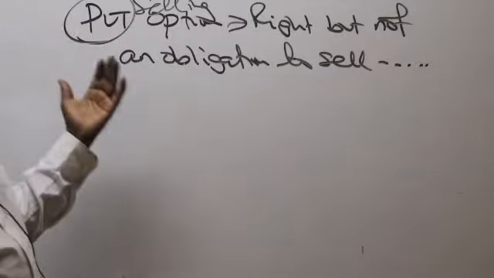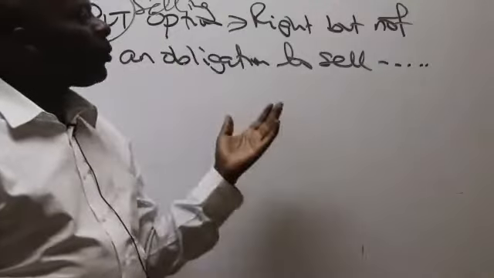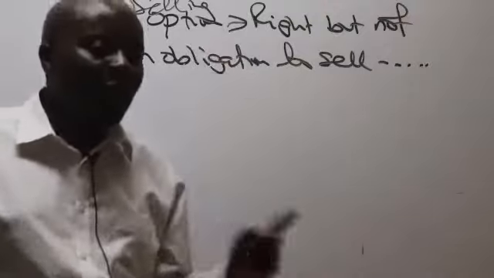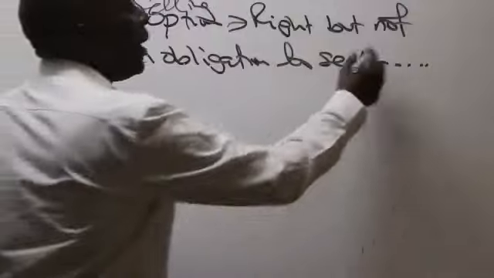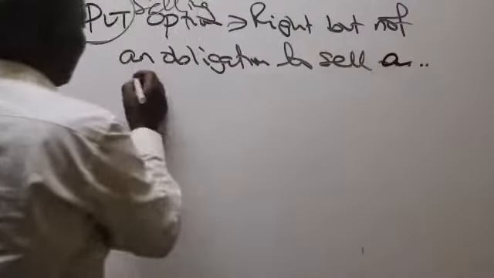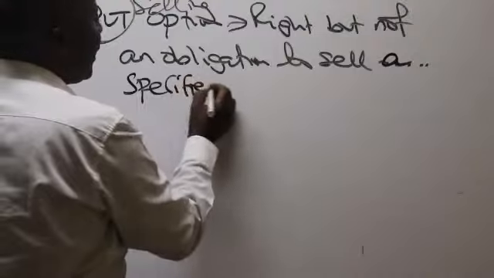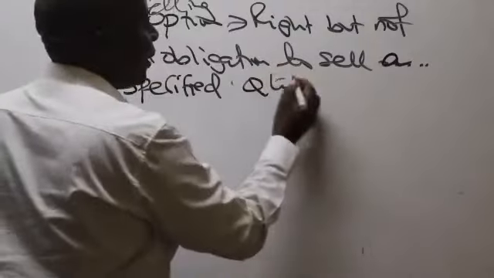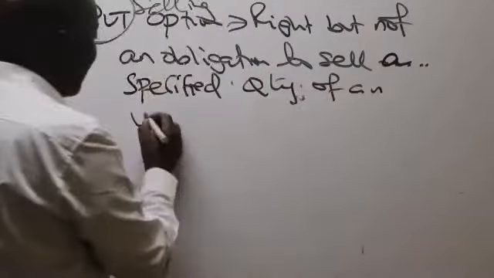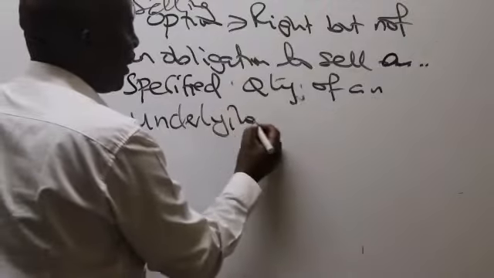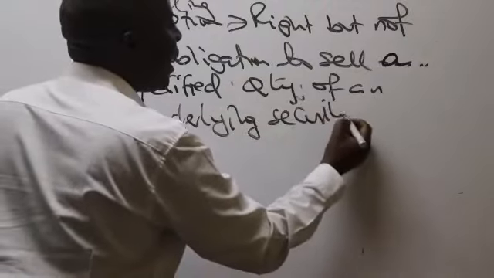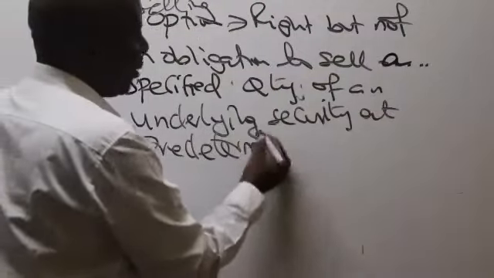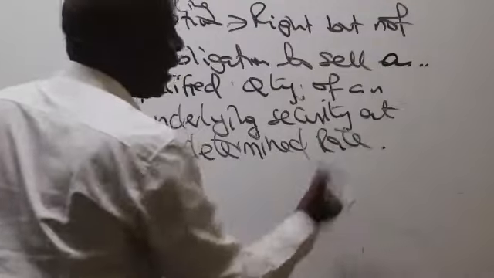And I was trying to define what the put option is. So the put option gives us the right, but not an obligation, to sell a specified quantity of an underlying security at a predetermined rate.